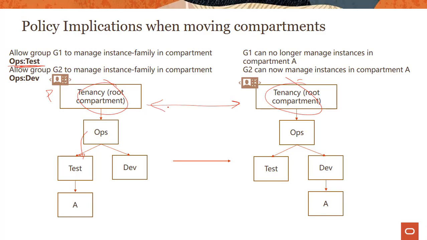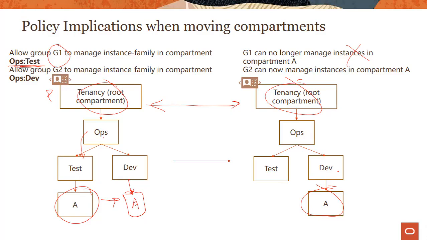But the first condition says that for the compartment being moved, you have to write the policy down to that, give the whole hierarchy. In this case, are we doing that? We are going from ops to test, but not to compartment A here. So if you do this, and there is a policy you define, this group G1 loses that policy when the compartment is being moved, because it has no idea where this compartment A, the tree, the path, the hierarchy path, where it is, right?